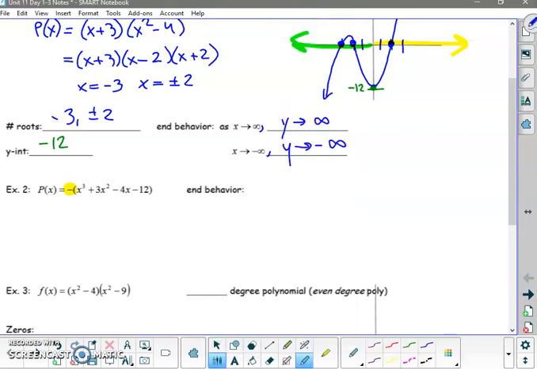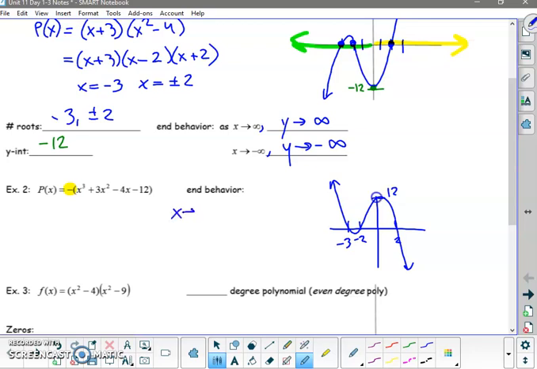So if I wanted to sketch this one real quick, I've got -3 and -2 to +12. So now what's going to happen is the graph's going to look like this. So how does that affect our end behavior?